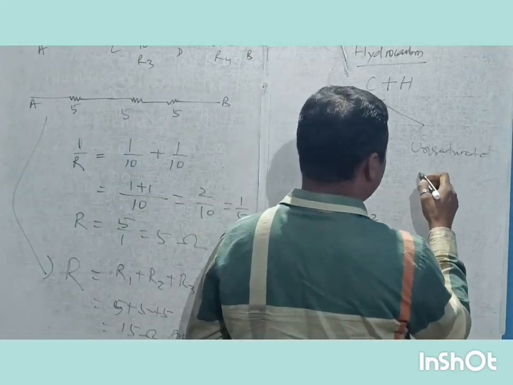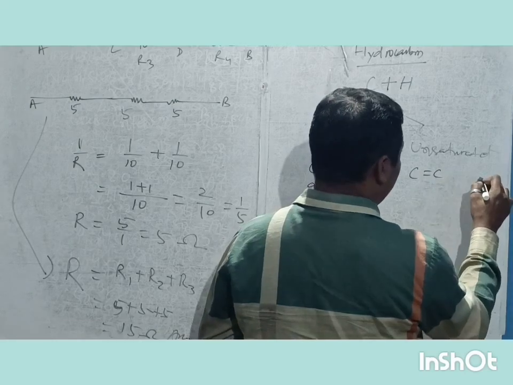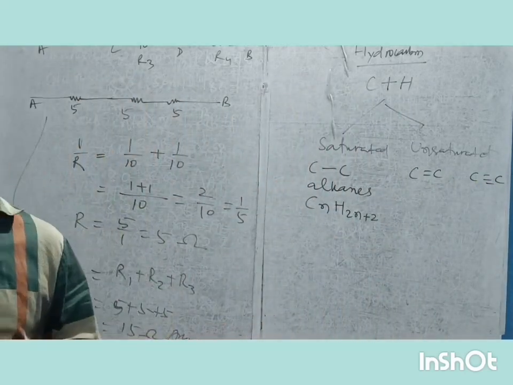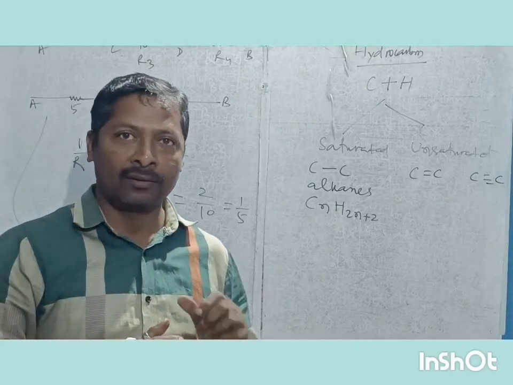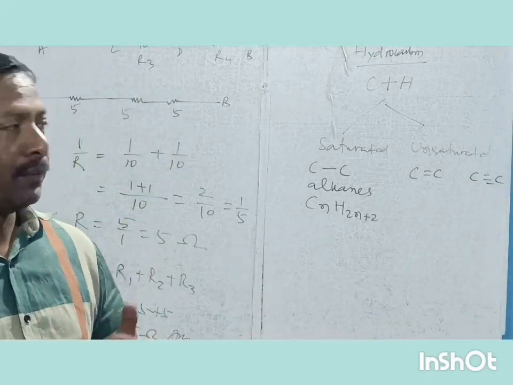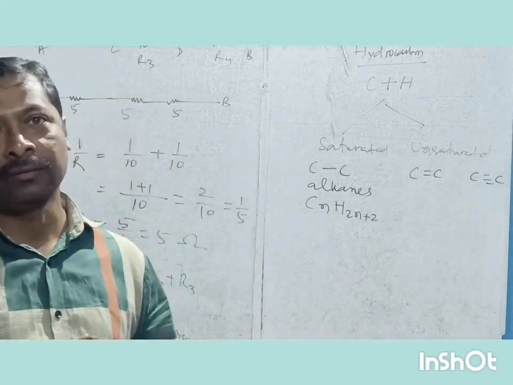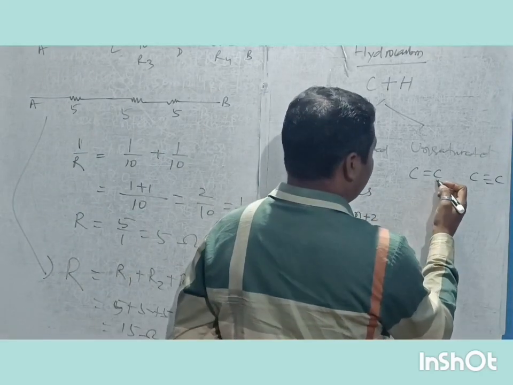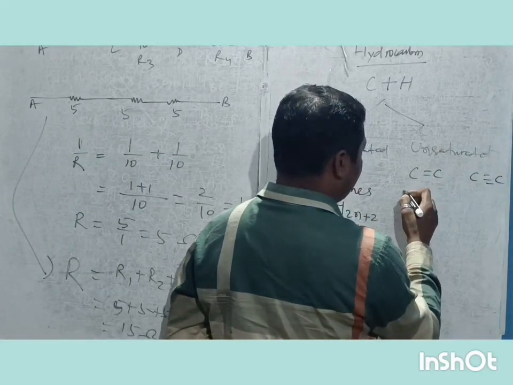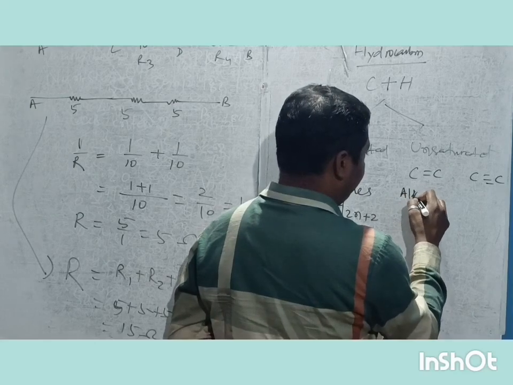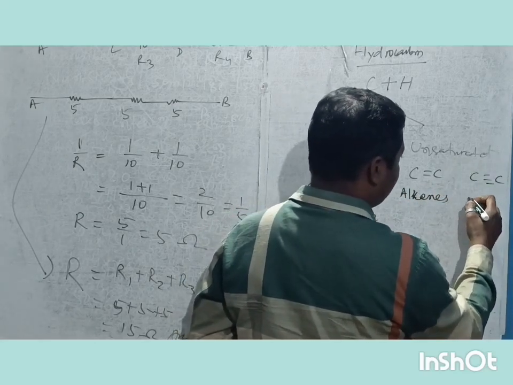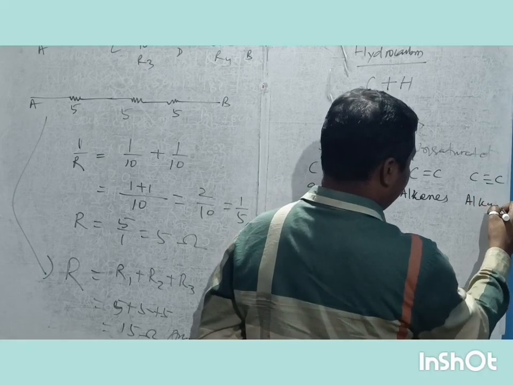Unsaturated hydrocarbons have a double bond or triple bond. So the hydrocarbon compounds having a double bond or triple bond between the carbon atoms are called unsaturated hydrocarbons. Double bond unsaturated hydrocarbons are called alkenes, and triple bond unsaturated hydrocarbons are called alkynes.